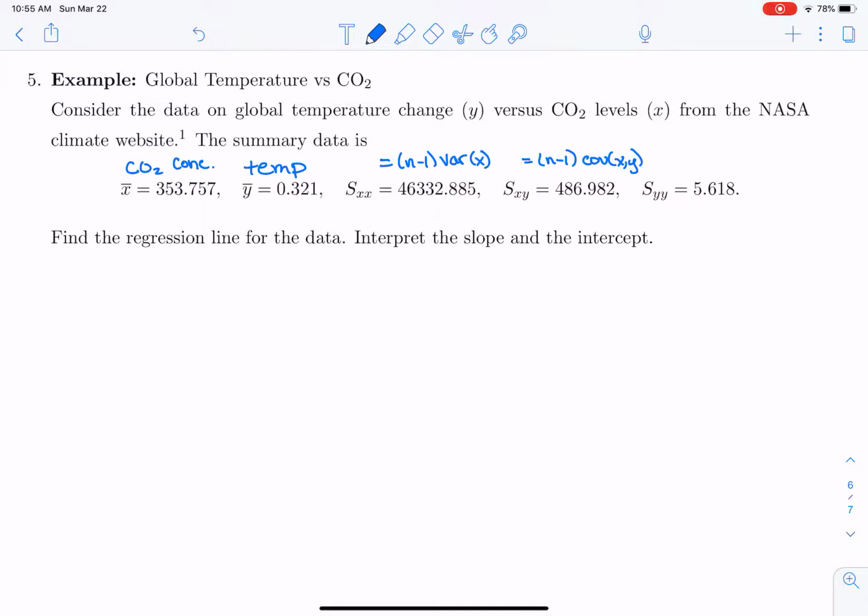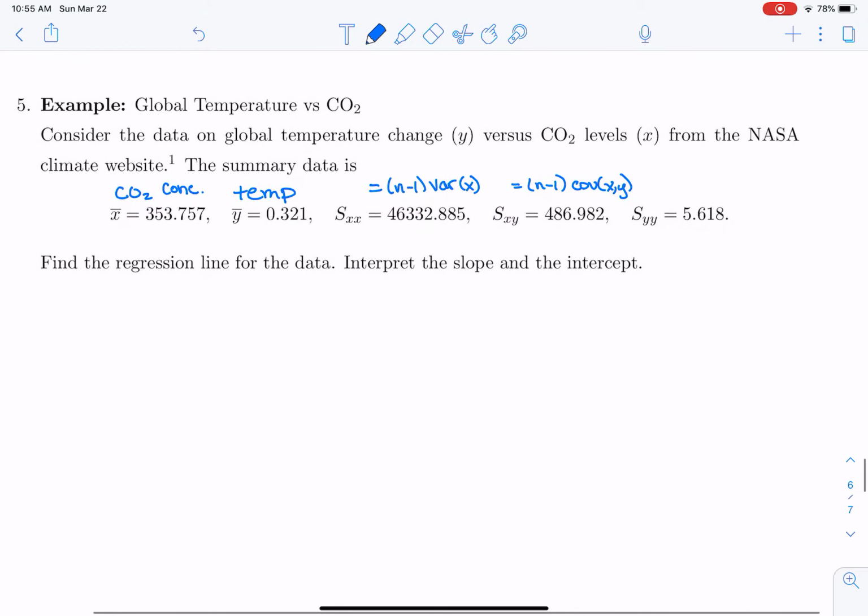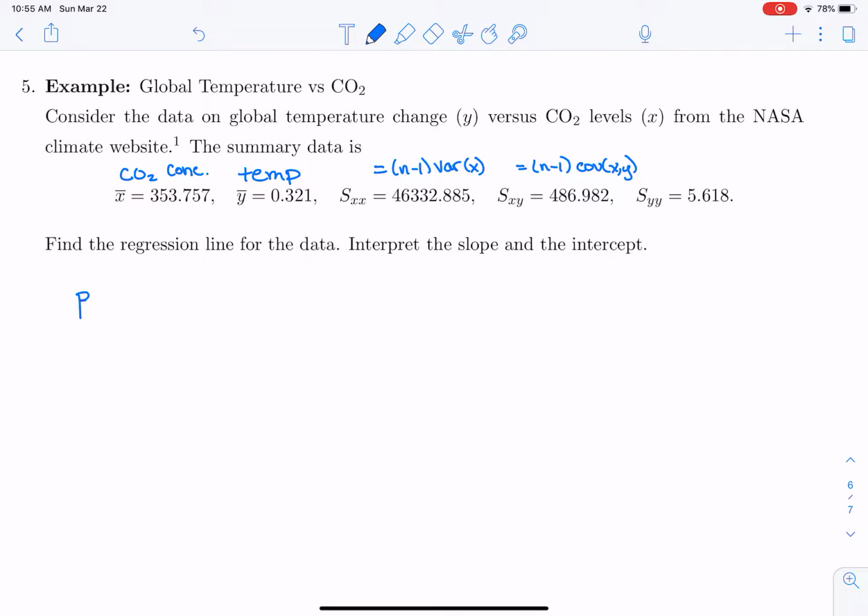And then what we'd like to do with this data is find the regression line and interpret the slope and the intercept. This is the way that many of the problems in the book are going to be stated for you. So we want to find our slope, which is beta 1 hat. That's going to be S sub xy over S sub xx.